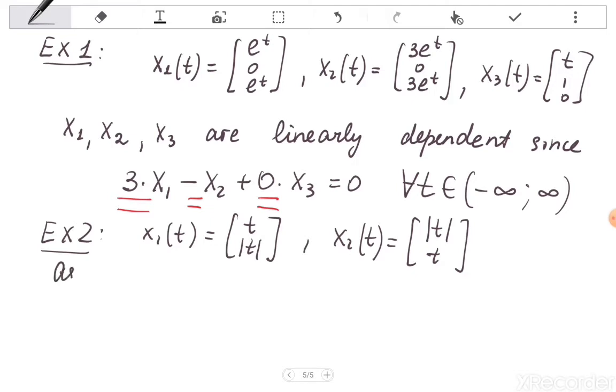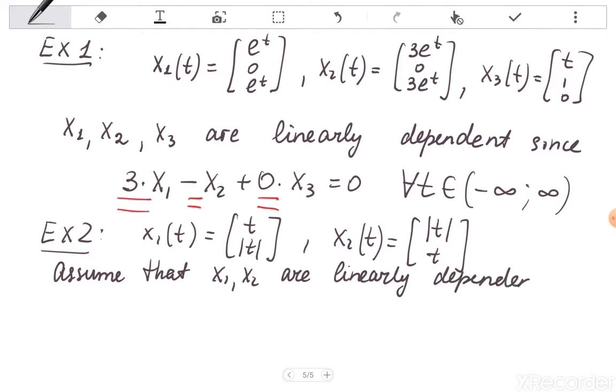Assume that x1 and x2 are linearly dependent. So we can find c1 and c2 so that c1 x1 plus c2 x2 is 0.